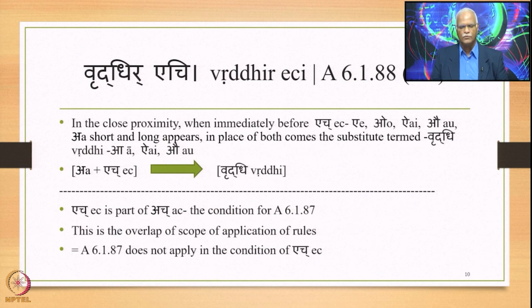Because if you do not allow 6188 to apply in this limited domain, 6188 will not get any other domain for application, whereas for 6187 there is some other domain to apply itself. And so 6187 does not apply in the condition of E, rather 6188 applies in this particular limited domain, and then we have Vriddhi Sandhi, Vriddhi being the output generated after the application of 6188.